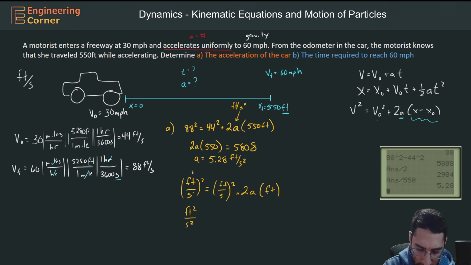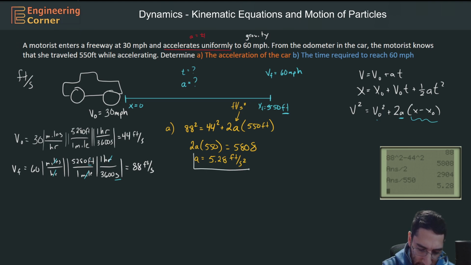These combine. And then when they combine, we divide by a foot, right? So that foot gets divided, and we're left with a foot per second squared. So we know that my acceleration is 5.28 feet per second squared. This is a positive 5.28, which means my acceleration is increasing.